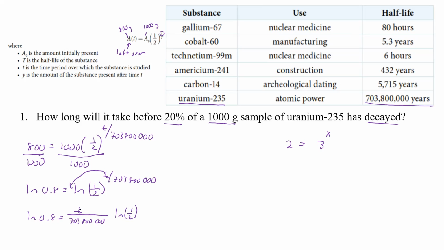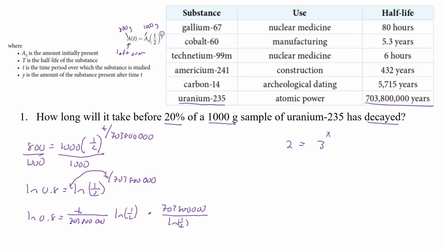Now I need to solve for t. How do I solve for t? Well, I need to get rid of this ln of 1/2, and I need to get rid of this 703,800,000 and all that. So I'm going to multiply by the reciprocal. So I'm going to multiply by 703,800,000 over ln of 1/2. Okay, because that will cancel that.